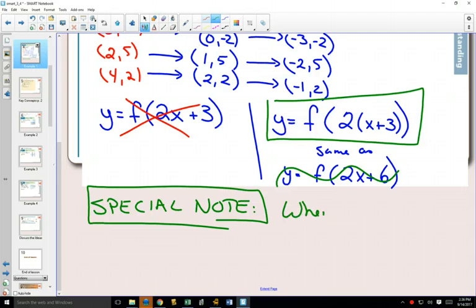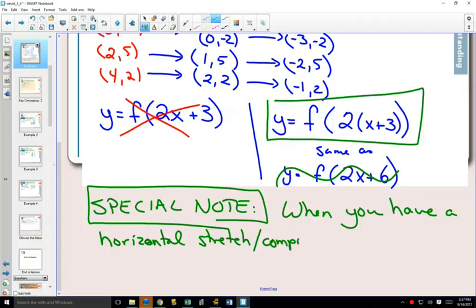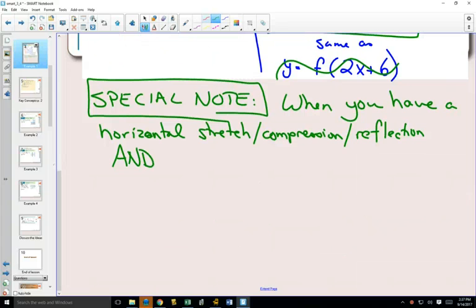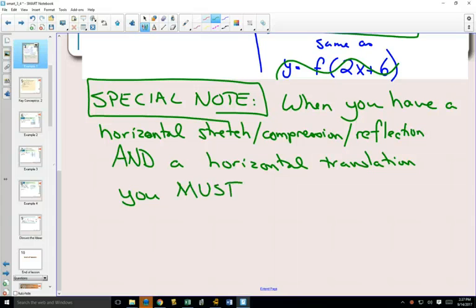When you have a horizontal stretch or compression or reflection, and a horizontal translation, you must write it in factored form.